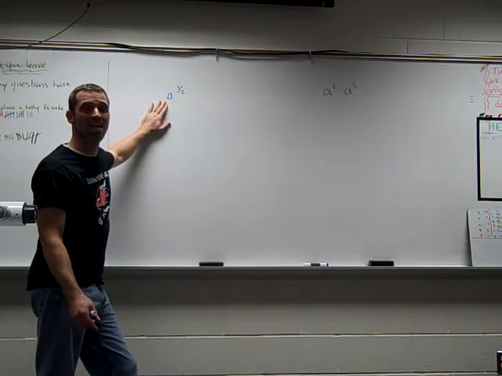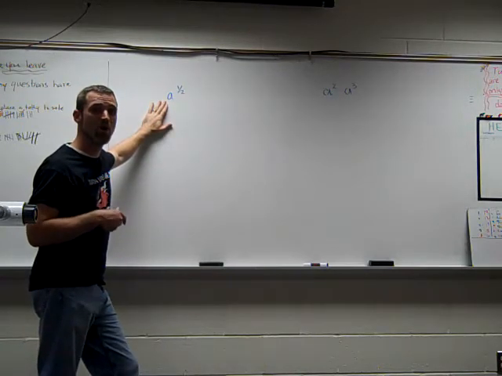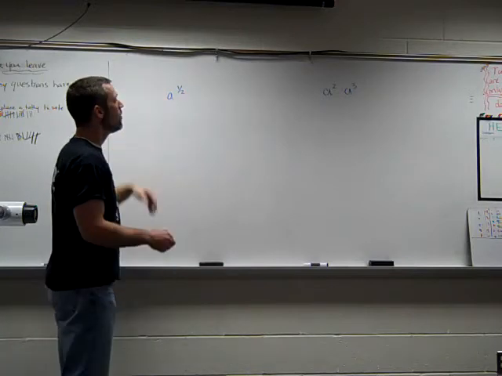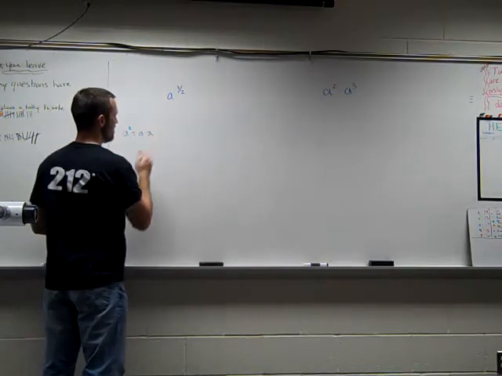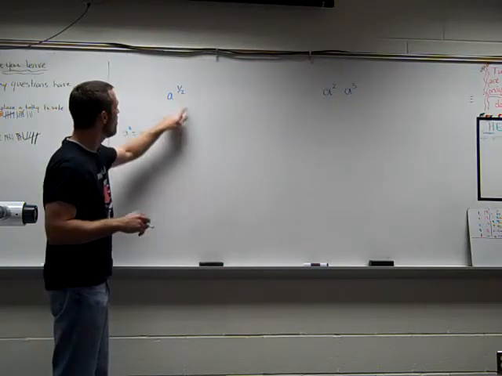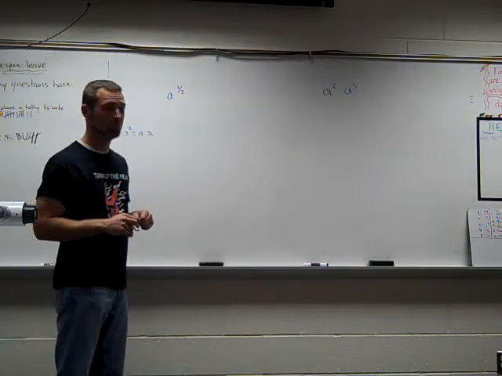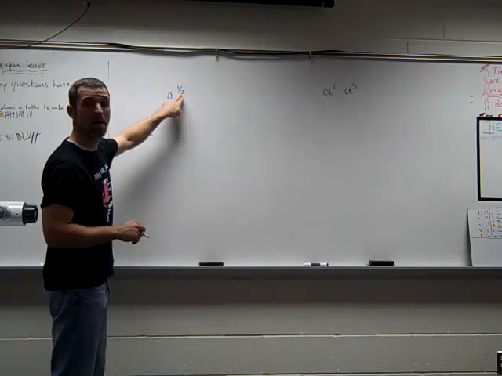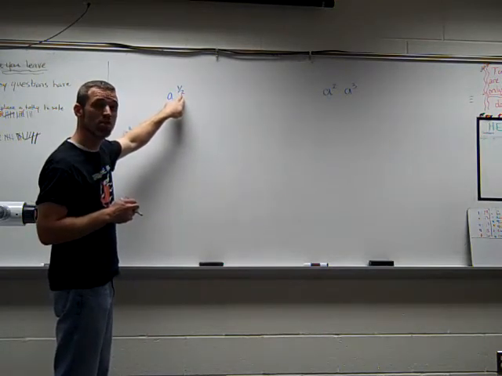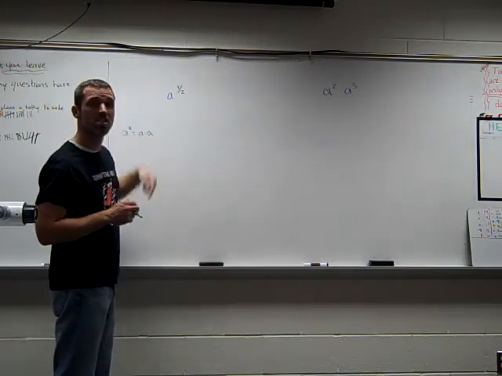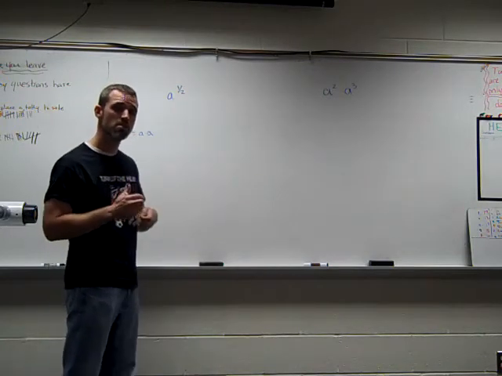Okay, so a to the 1/2 power. If we try to remember what a to the 1/2 power means, we know that something like a squared means a times a. It's telling us the power. Well, all of a sudden it becomes this fractional power. You need to remember that the denominator of the power really tells us a root, and the numerator still tells us the power.